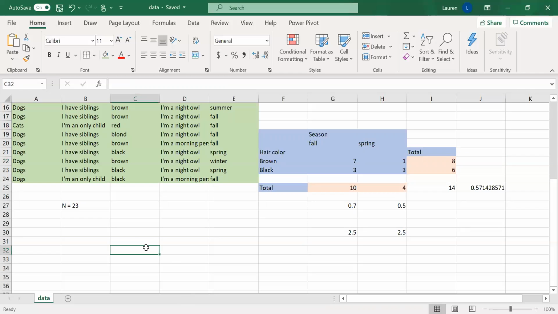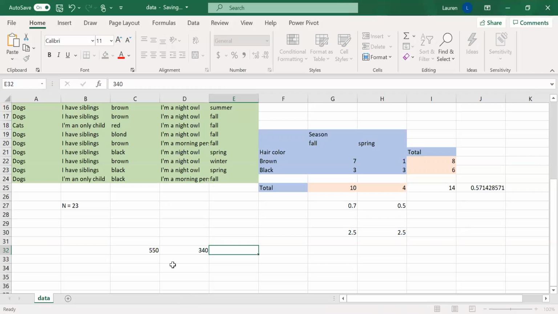So I had 550 calories originally. When I subtracted the bun, I had 340 for my total calories. And then I had a change from 30 grams of fat to 27 grams of fat.